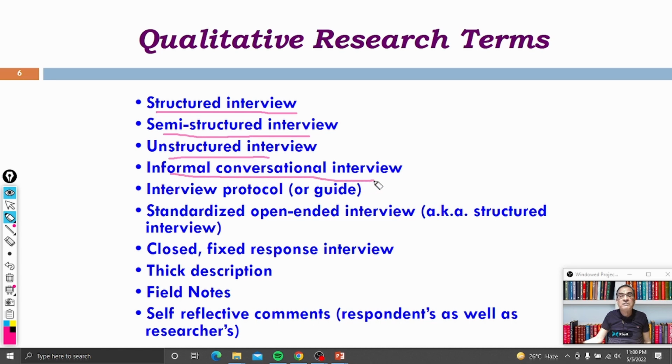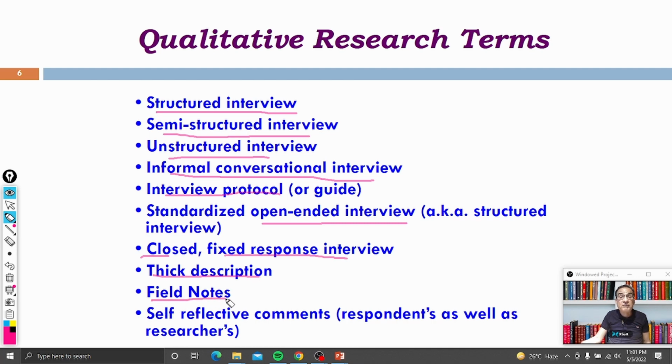Informal conversation interview: sometimes we start a conversation with the participant and conduct the interview. Interview protocol or guide: sometimes we have a protocol or guide for the qualitative research interview. Standardized open-ended interview, closed fixed response interview, and thick description we do in qualitative research.